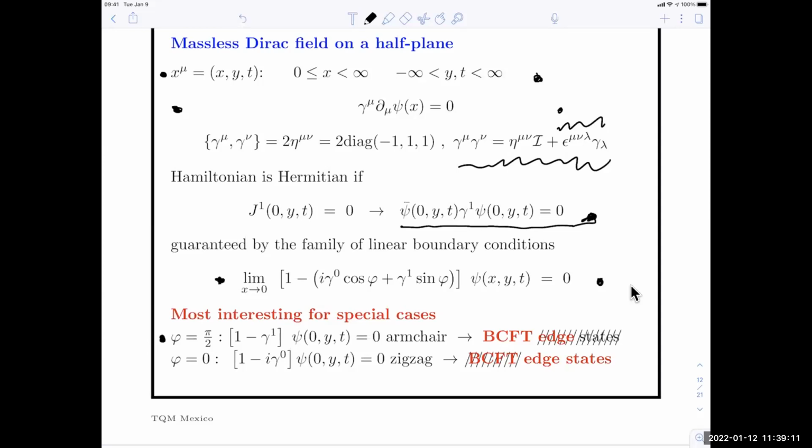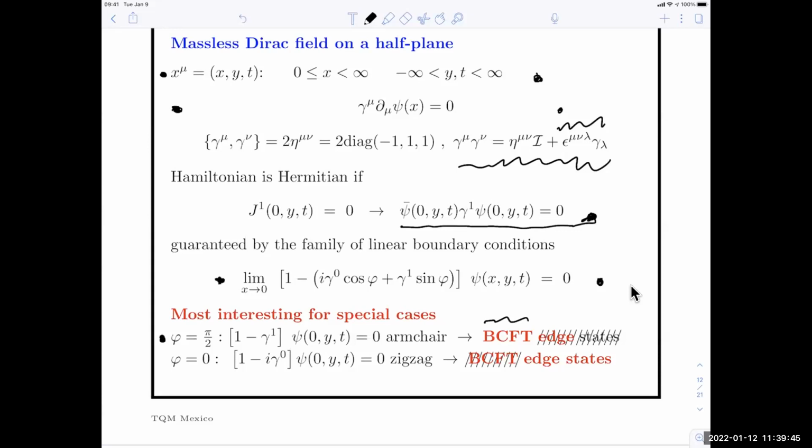With this boundary condition, this field equation actually describes a boundary conformal field theory. On the other hand, the boundary condition actually doesn't support edge states. That's similar to the fact that a carbon nanotube with armchair configuration has a gapped spectrum for similar reasons. But this higher degree of space-time symmetry is still interesting, and we'll have a little discussion about that shortly.